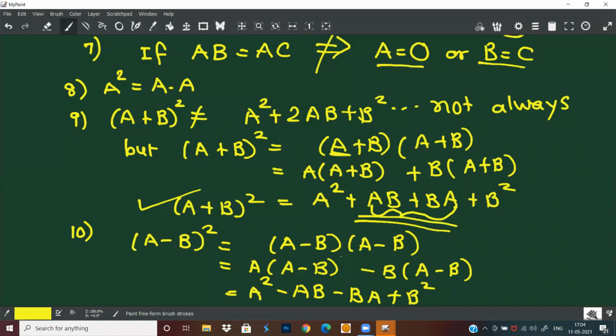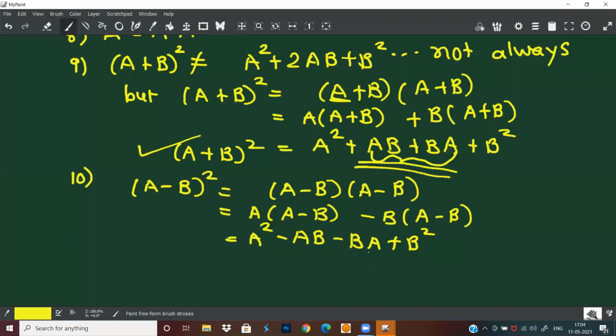But they will be different, AB and BA. Not always they will be equal. Is that clear? Actually, sum solve करने में यही shortcuts we use.